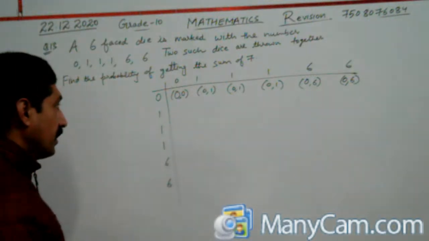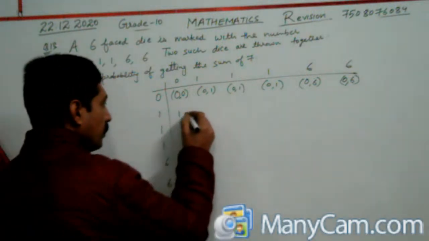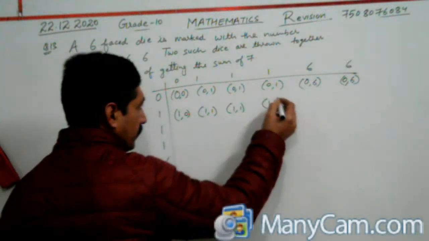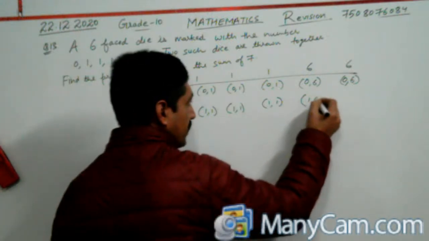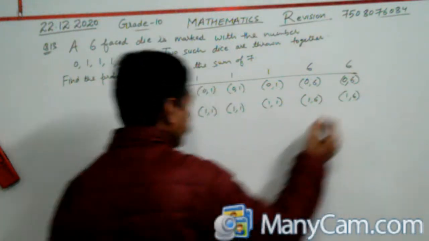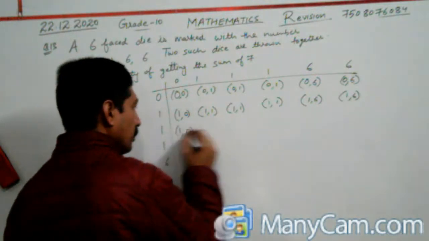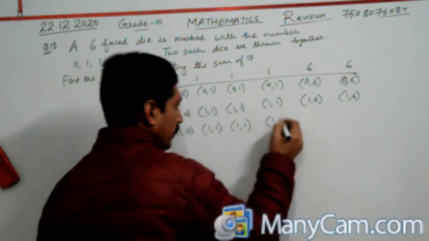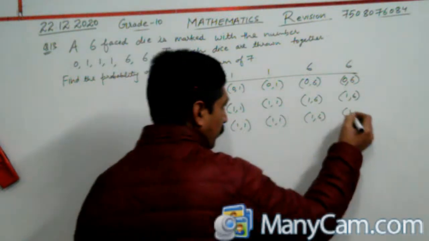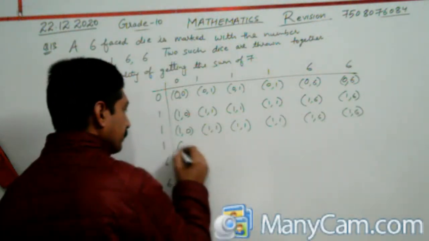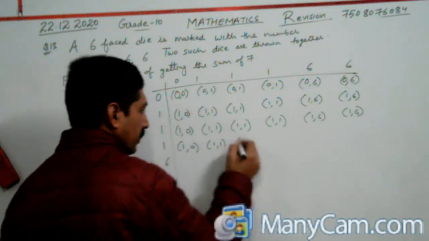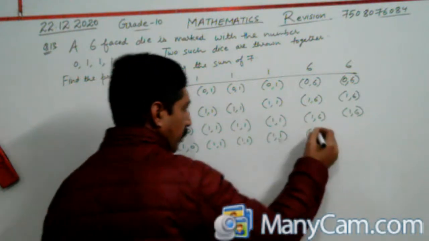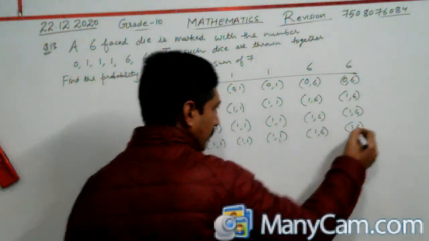Second, again with 1: 1 0, 1 1, 1 1, 1 1, and 1 6, 1 6 can come. Same again, 1 0, 1 1, 1 1 can come, 1 6, 1 6 can come.